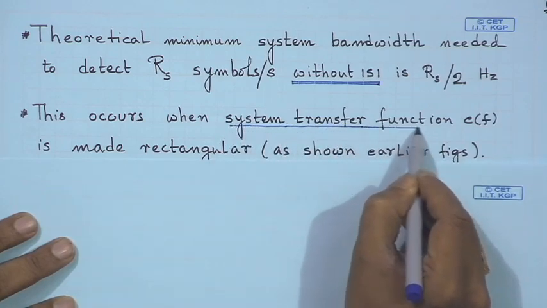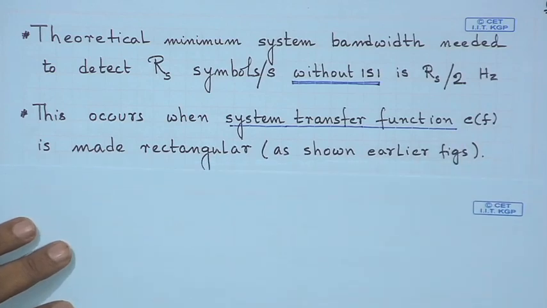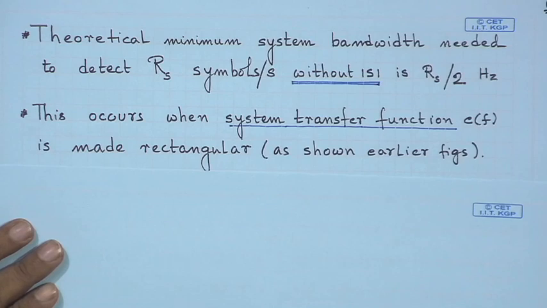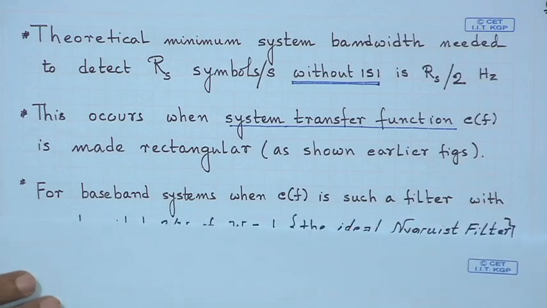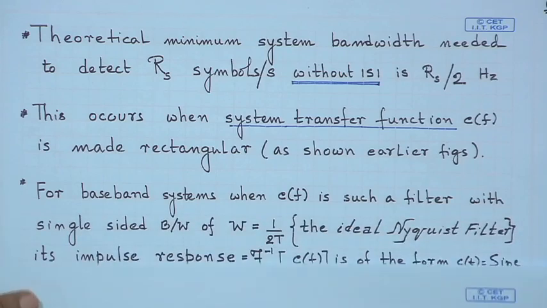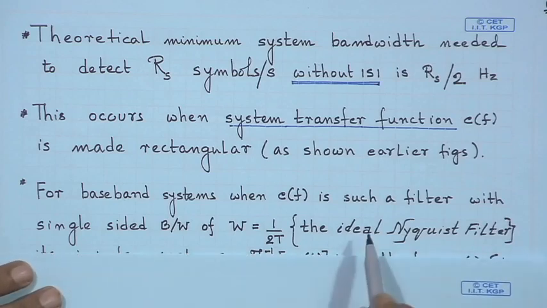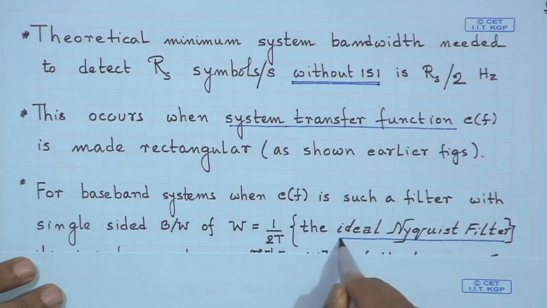Again, to remind you, we are looking at the receiver overall. When the system transfer function is made rectangular, as shown in the earlier figures, for baseband systems, such a filter with single sided bandwidth W equal to 1 by T is known as the ideal Nyquist filter. So, we have arrived at a very important term.